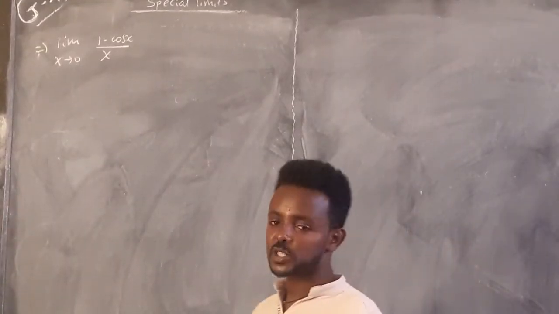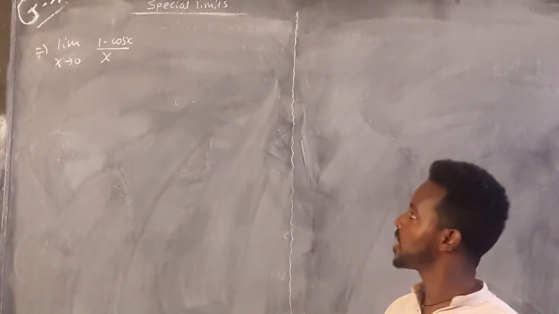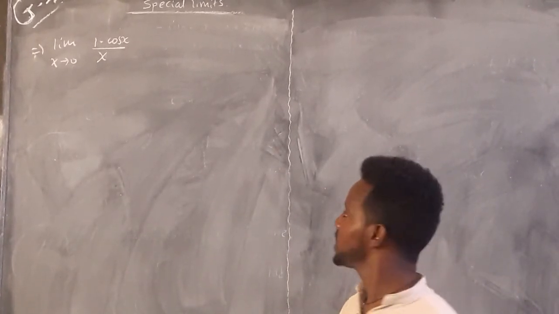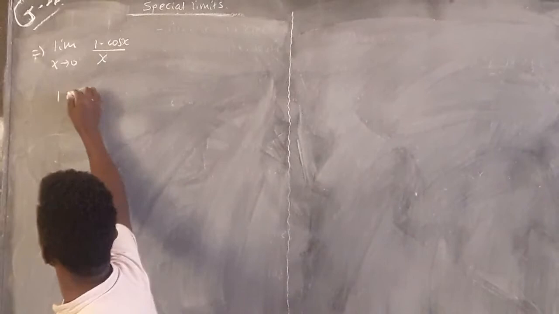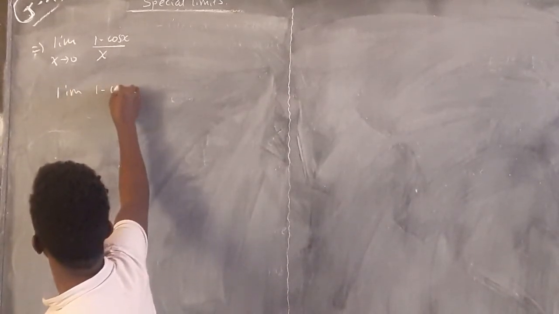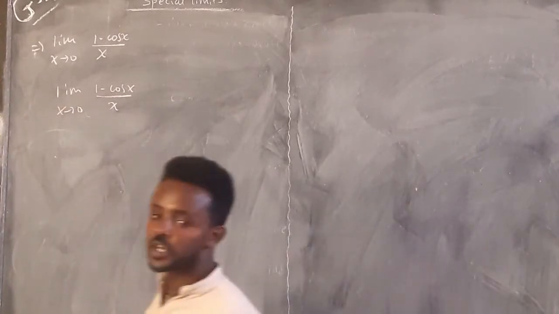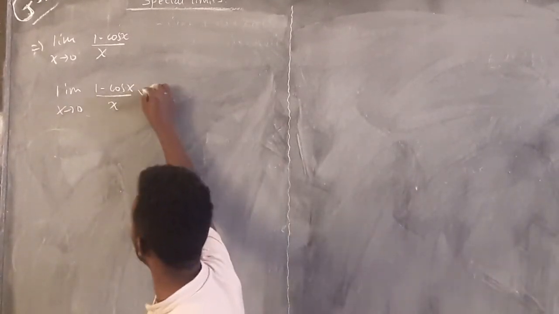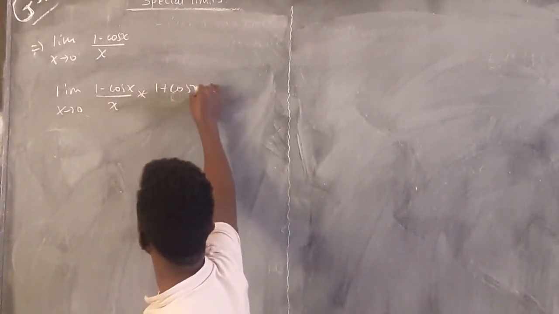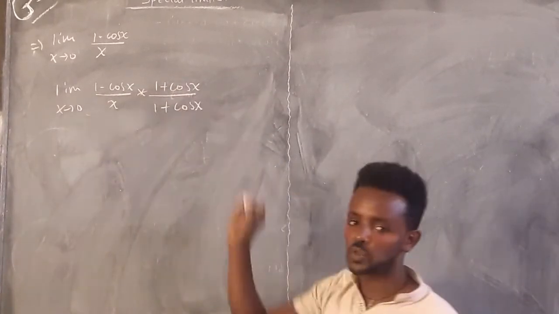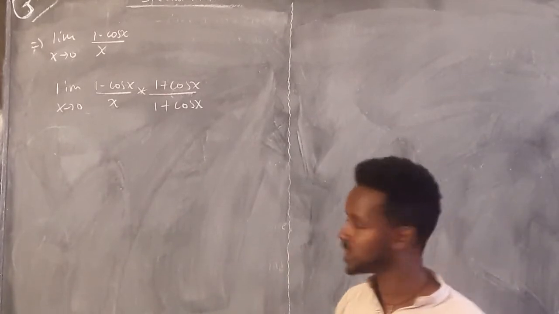The third special limit is the limit of 1 minus cos x over x as x approaches 0. We can multiply by 1 plus cos x over 1 plus cos x, since that is 1.